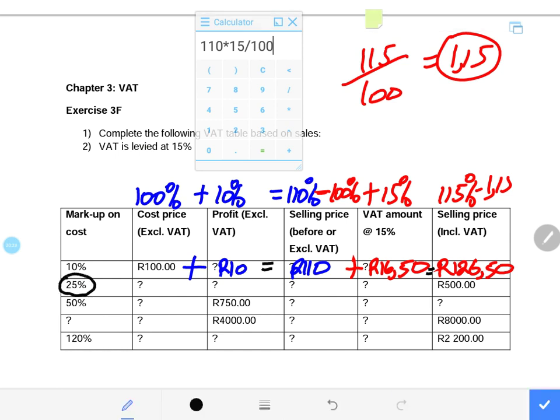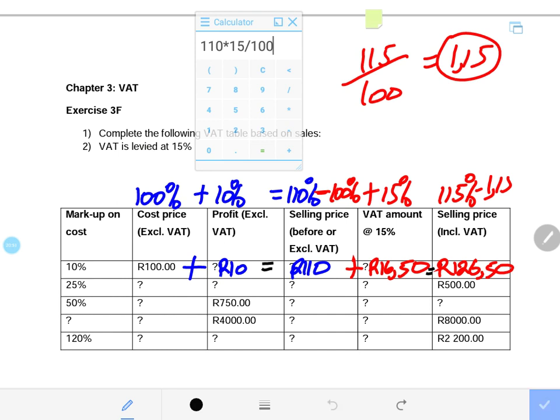Second one, we don't know the profit also, and for this one we don't know the selling price, we don't know the VAT amount, and we are given the selling price that includes VAT. We must calculate backwards up to where? To the cost price.